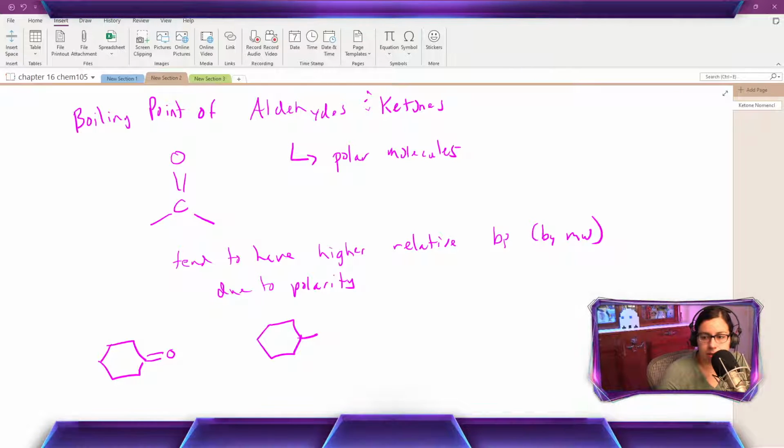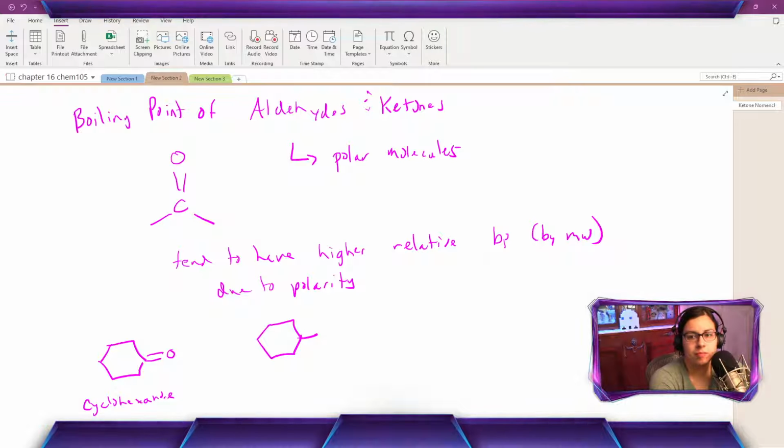And so now I'm looking it up. Just to compare, 1, 2, 3, 4, 5, 6, so cyclohexanone versus this methylcyclohexane. Their molar masses are extremely similar.